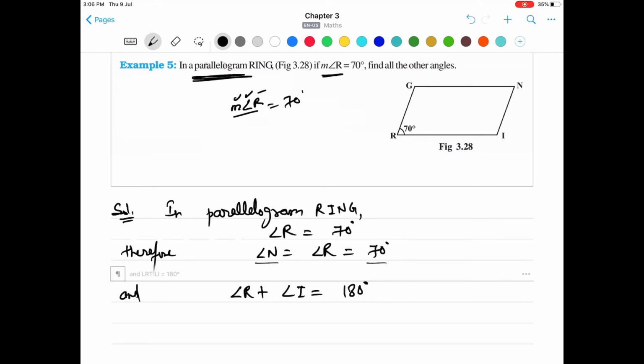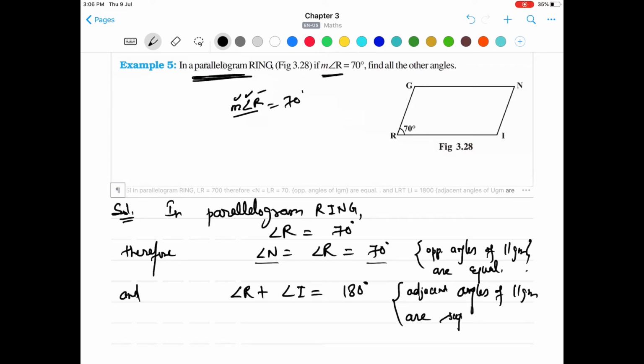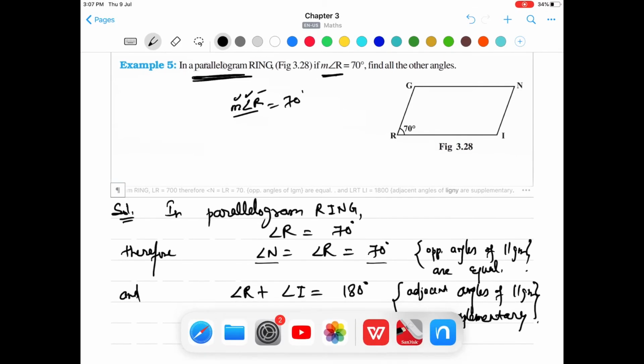So here the reason was opposite angles of a parallelogram are equal, and here the reason is adjacent angles of a parallelogram are supplementary.